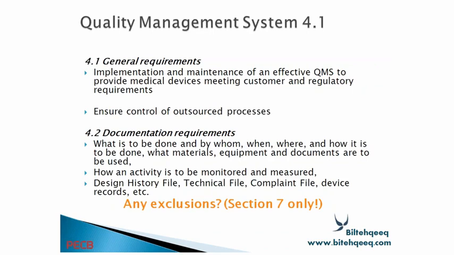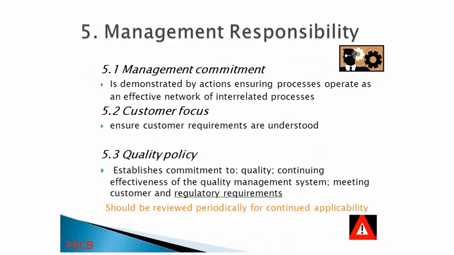And section 5 is management responsibility, and management responsibility starts with the management commitment, the same as in ISO 9000. Management commitment is demonstrated by actions ensuring the process approach as an effective network of integrated processes. And 5.2 is the customer focus: ensure customer requirements are understood.